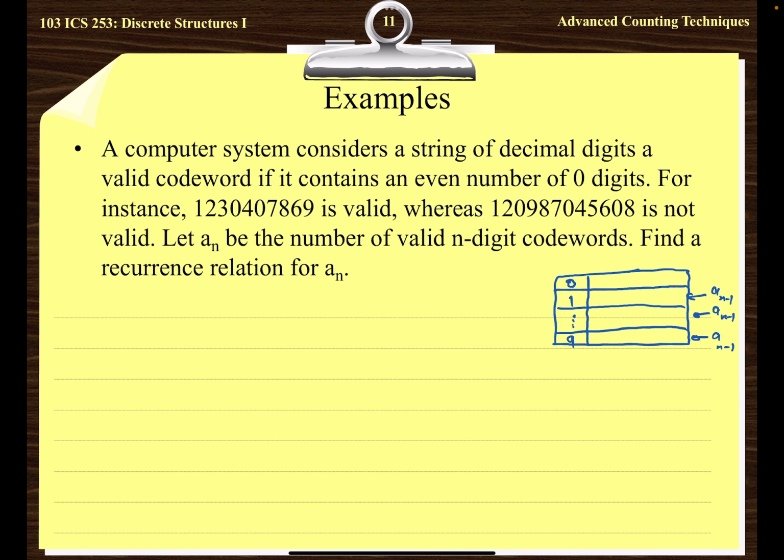Can't you estimate the number of even from the number of odd here? We need the number of code words with an odd number of zeros of length n minus 1. What is that? 10 to the power n, yes, 10 to the power n minus this.